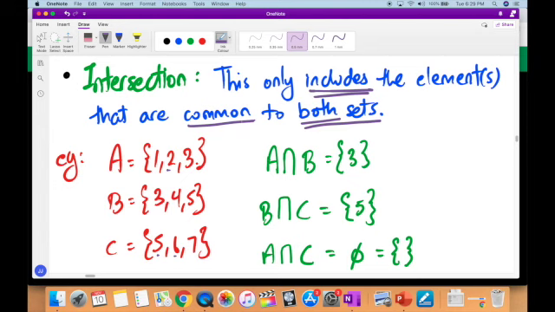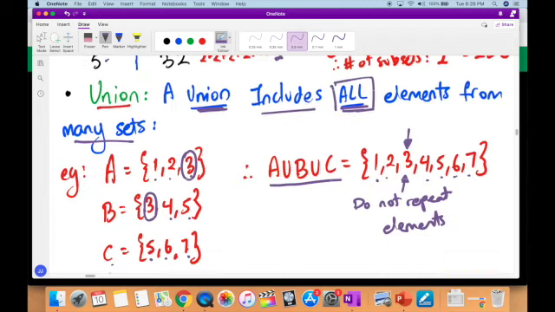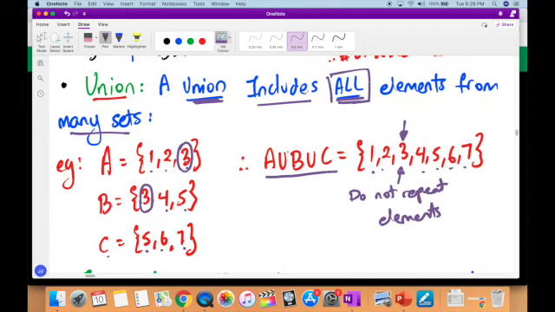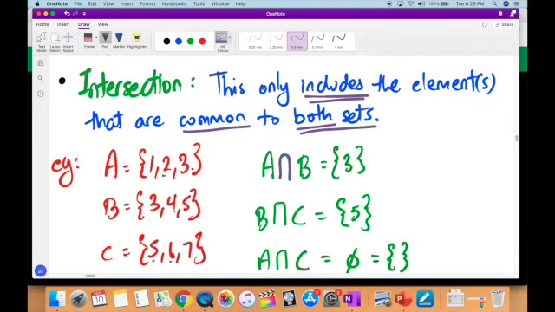Right? So A intersect, and notice the sign for intersect is the upside down horseshoe, like an N for intersect. And for union, it was like a U for union, but it's not a U, it's like a horseshoe, right? Yeah. So the N horseshoe is for intersect.